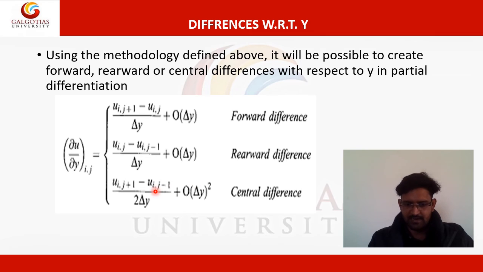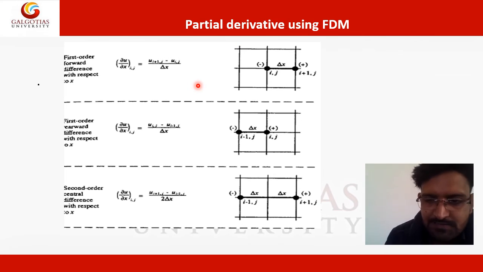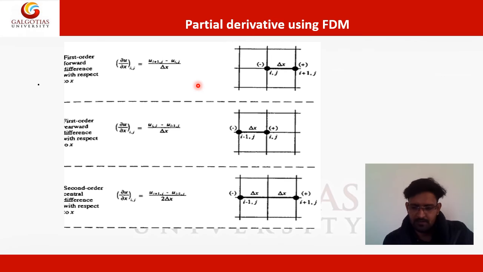And this is the central difference, u(i, j+1) minus u(i, j-1) over 2 delta y plus O(delta y squared). That is the central difference. And when we go by this approach, the error that comes into the system is comparatively small in comparison to forward difference and backward difference. Now if you see the idea in graphical mode to understand this, this is the partial differentiation when we are using the finite difference method.